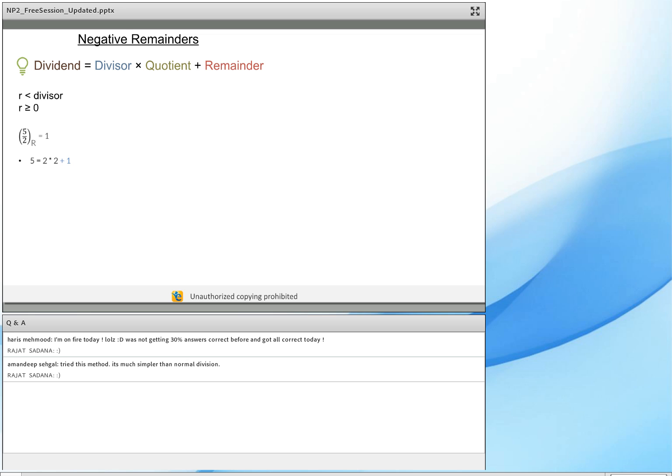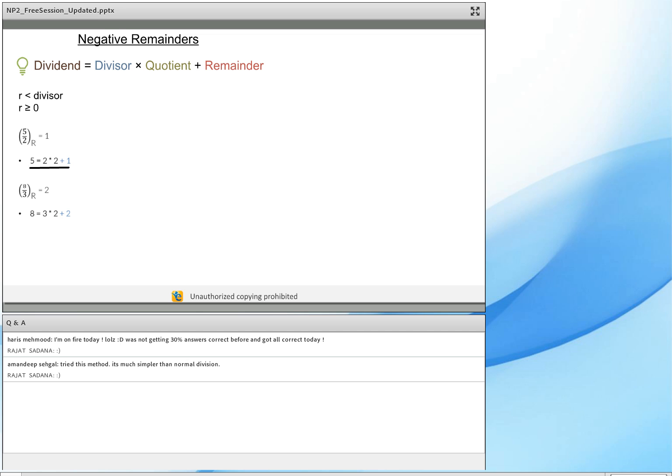Why does it have a remainder of 1? Because 5 can be expressed as 2 times 2 plus 1. And then 2 times 2 is divisible by 2, so you get the remainder as 1. Now, let's look at 8 divided by 3. Again, the remainder is 2. Why? Because 8 can be expressed as 3 times 2 plus 2.